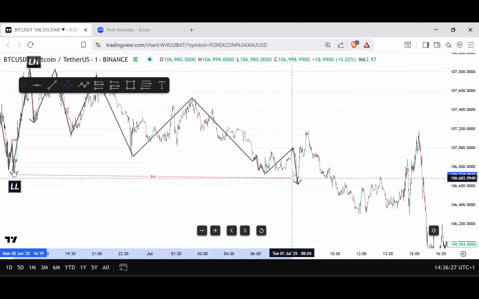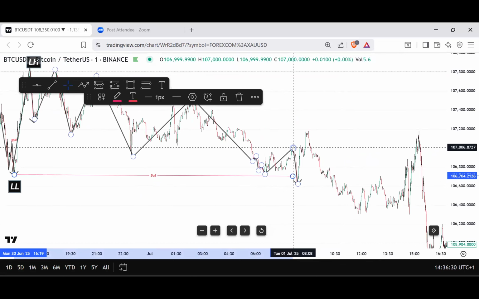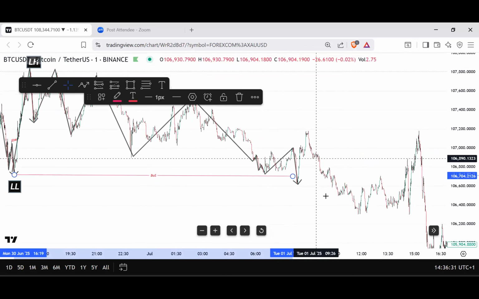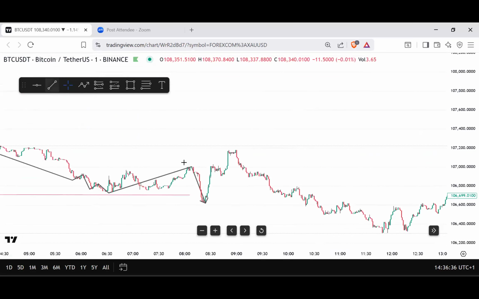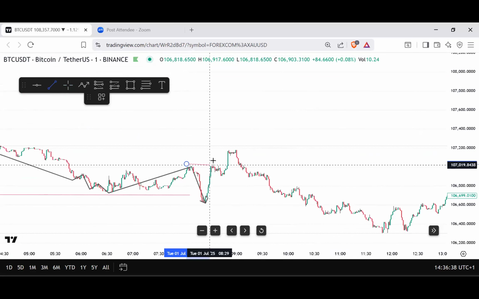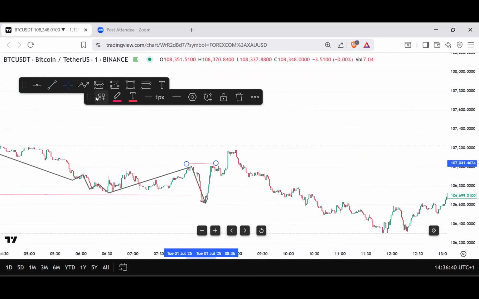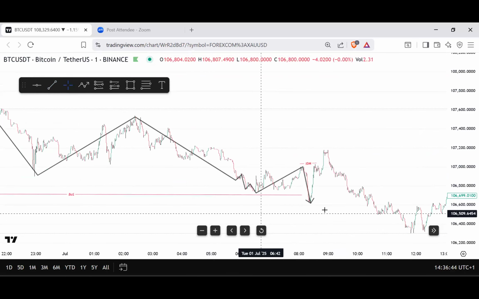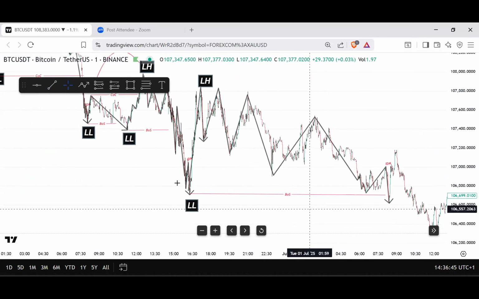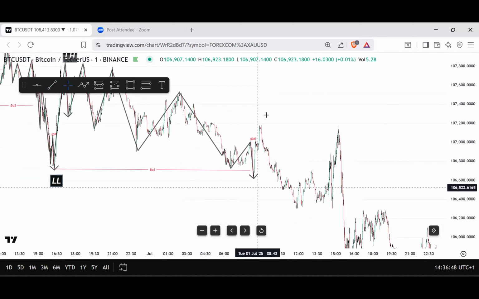Yeah, these are inducements here. That's an inducement. Absolutely. So this is correction. Correct.